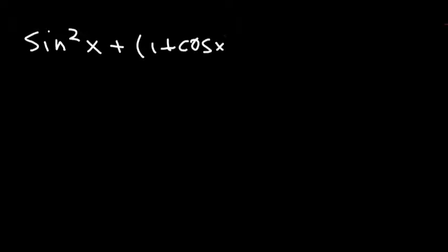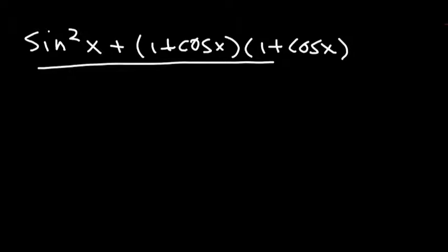So we have sine squared x plus 1 plus cos x times 1 plus cos x, then the whole thing divided by sine x times 1 plus cos x.